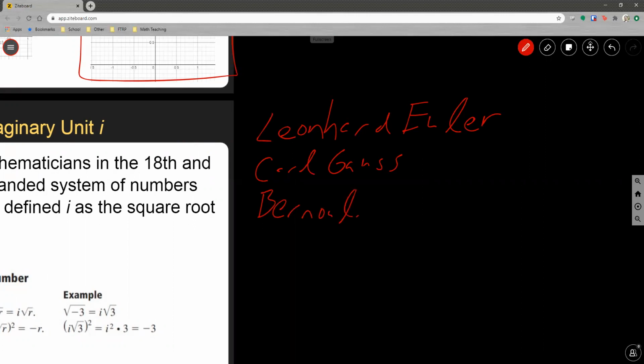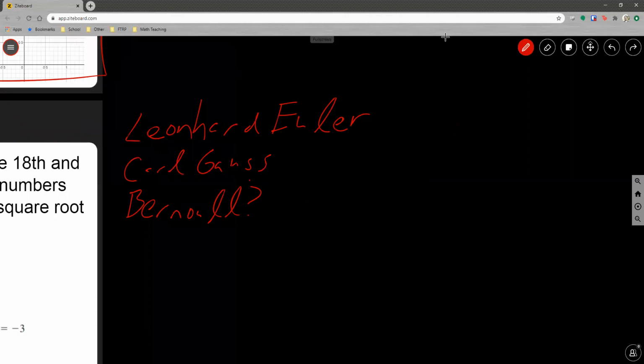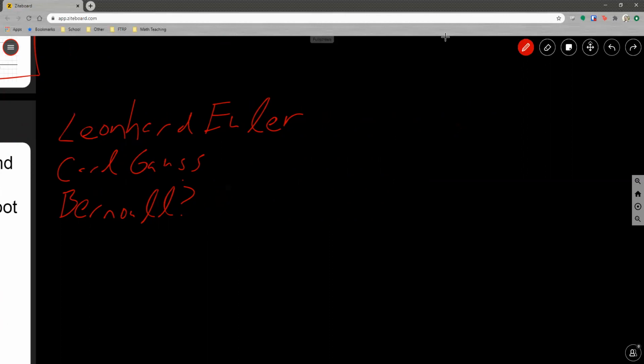My math history is a little bit rusty right now. Anyway, they came up with this concept of the square root of a negative to come up with answers that were outside of the bounds of what we call the real numbers.